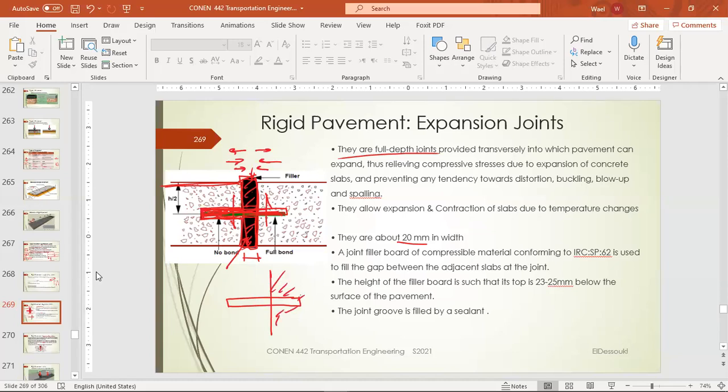On the other side there's a metal casing like this, and there's a lubricant here.